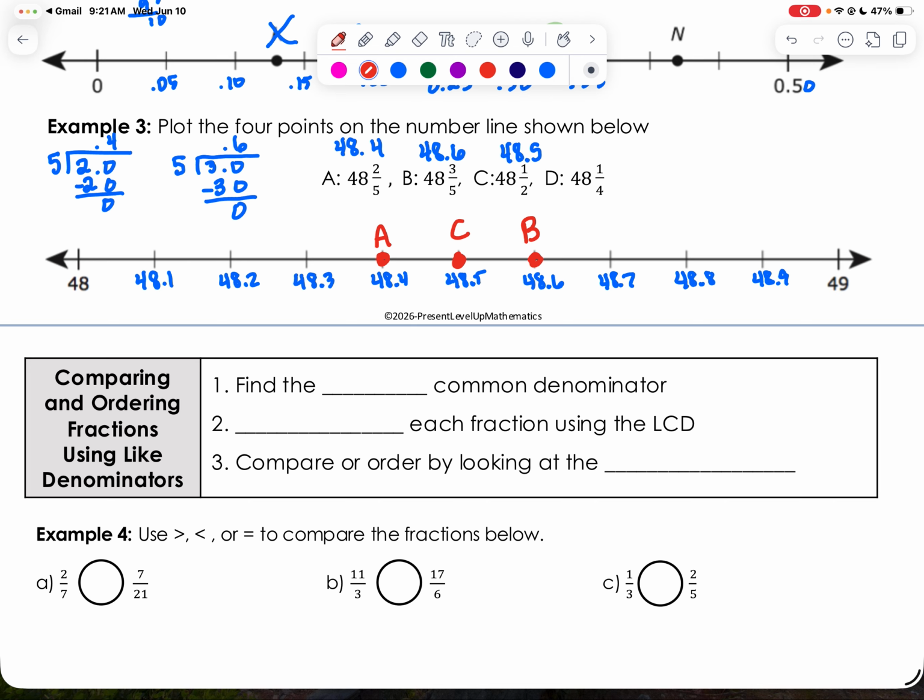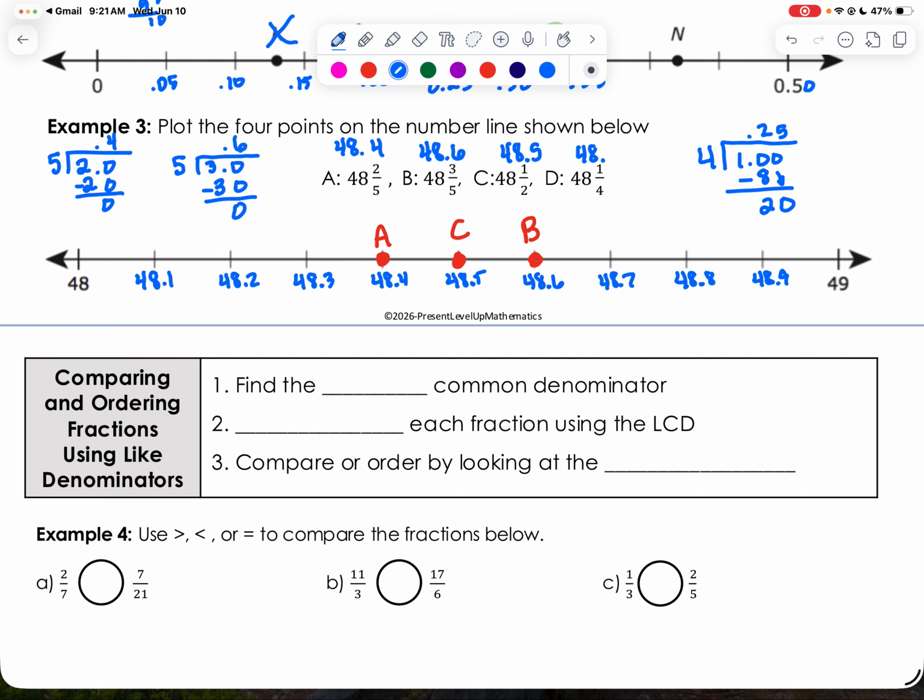And then 48 1/4 would be 48 point something. So we want to know how many times 4 will go into 1. So 4 goes into 10 2 times. 2 times 4 is 8. 10 minus 8 is 2. Bring down the 0. 4 goes into 20 5 times.